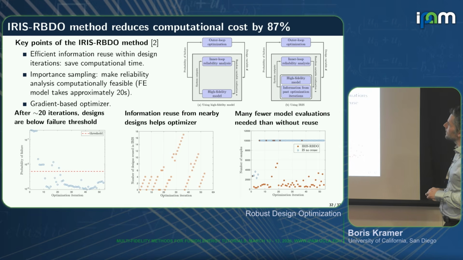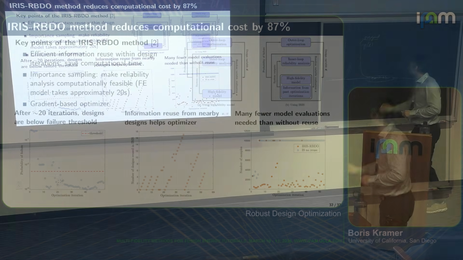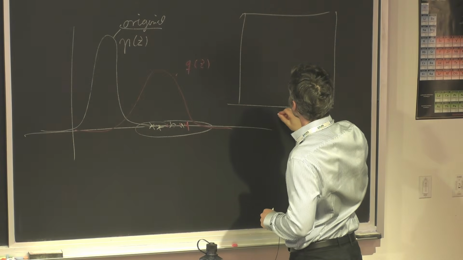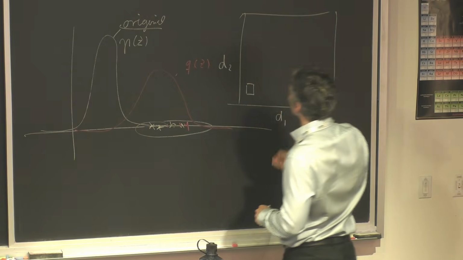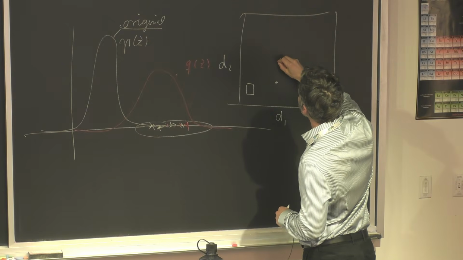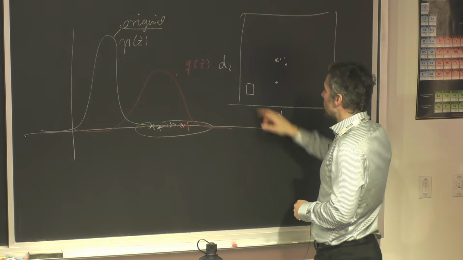And so now we optimize this. One of the things that you notice, let's say we're in a two-dimensional design space, this is your D1 and this is your D2, you might start out here, and then your next design might be here, your next design might be here, but eventually things cluster, and this is the optimal design.